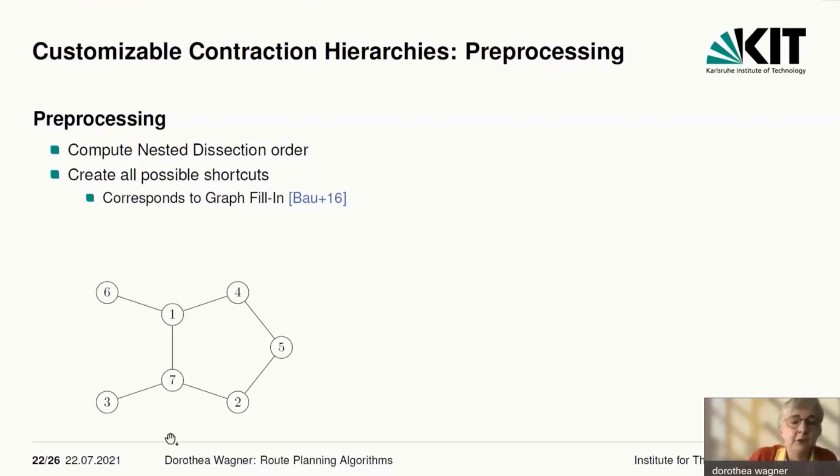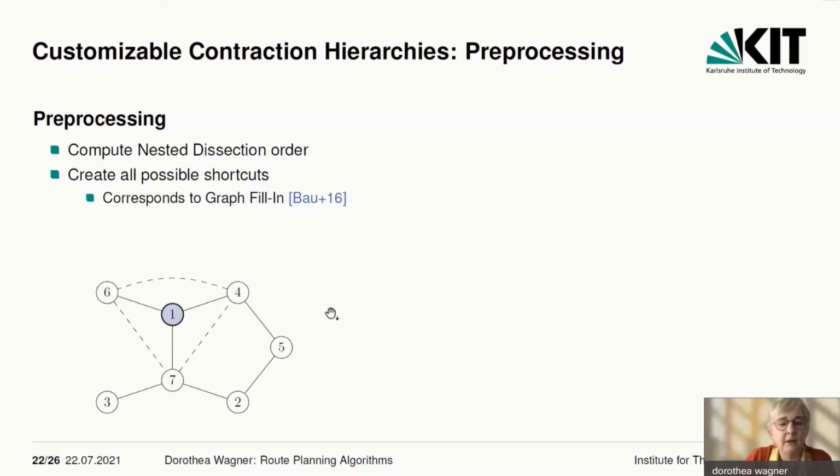Back to the graph: we have a small toy example with nodes 1, 2, 3, 4, 5, 6, 7, and this is also the order we apply. We first contract 1, and because we look at the graph without edge lengths, we just add all the induced edges, the edges between neighbors of 1 from the paths that would go via 1.